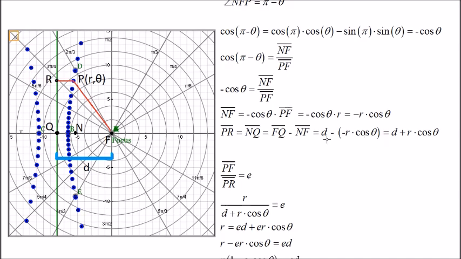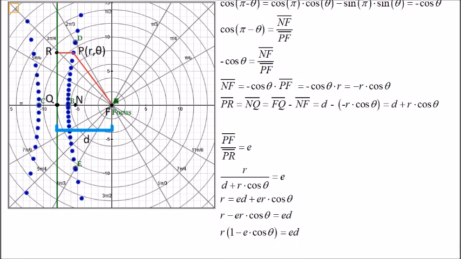So we have d minus negative r cosine of theta, or d plus r cosine of theta. Earlier we had PF divided by PR is e. So this will be r divided by d plus r cosine of theta.